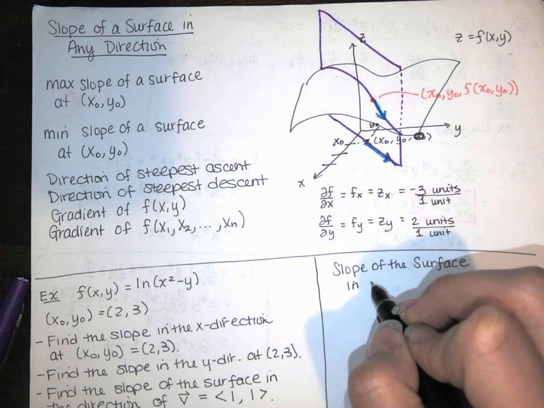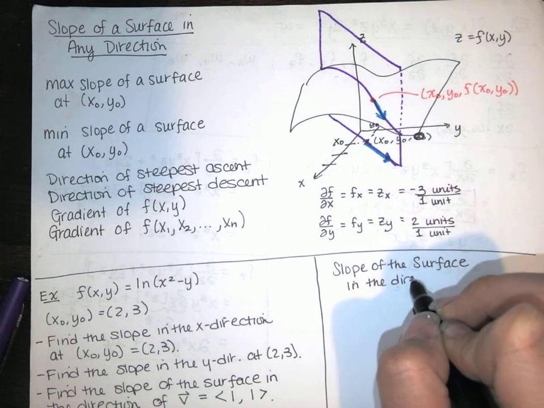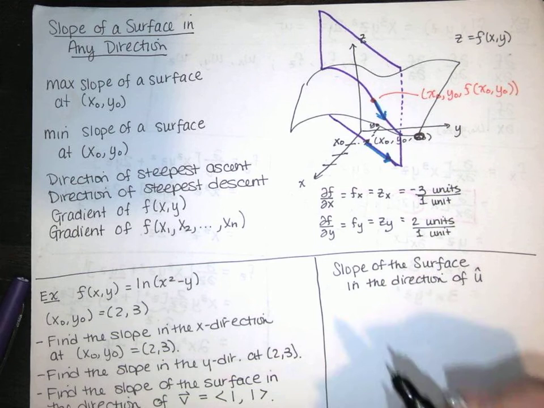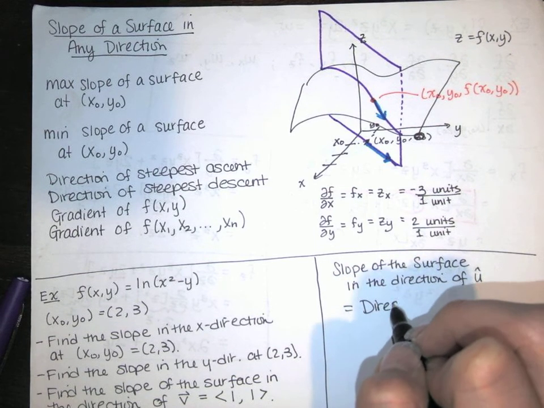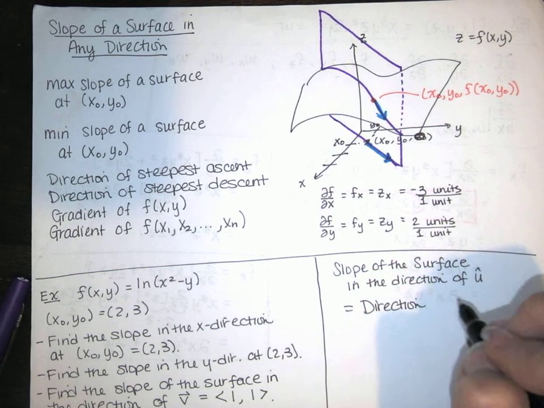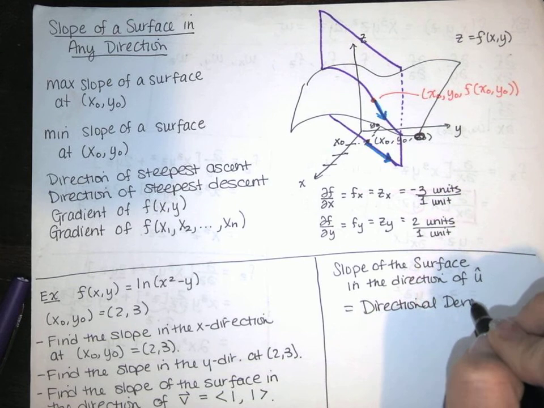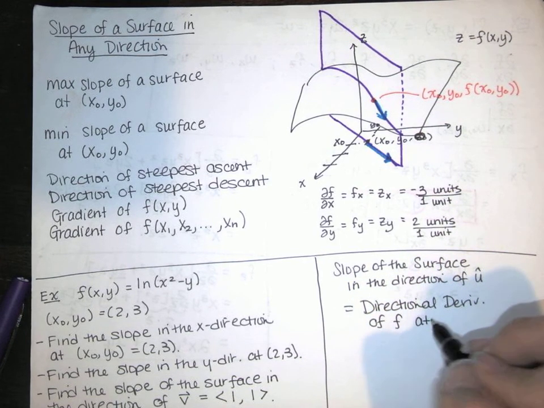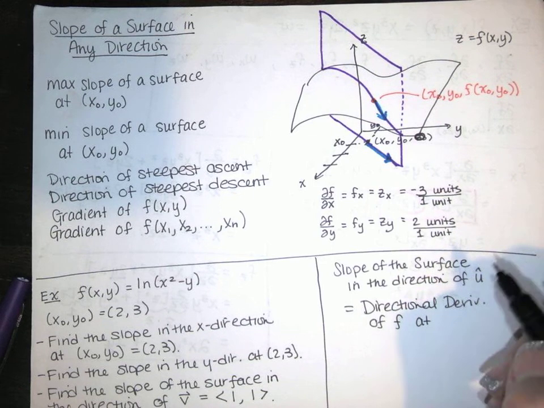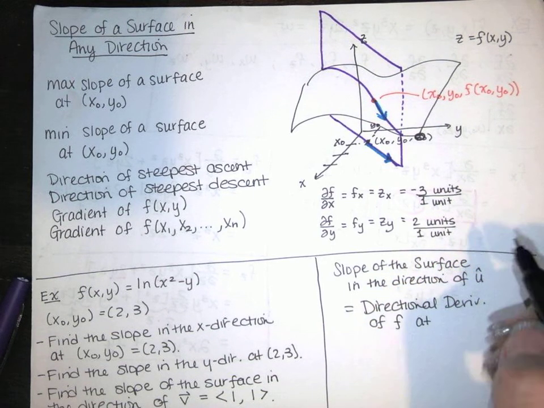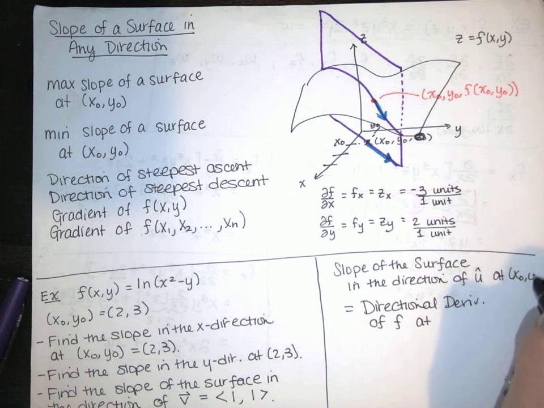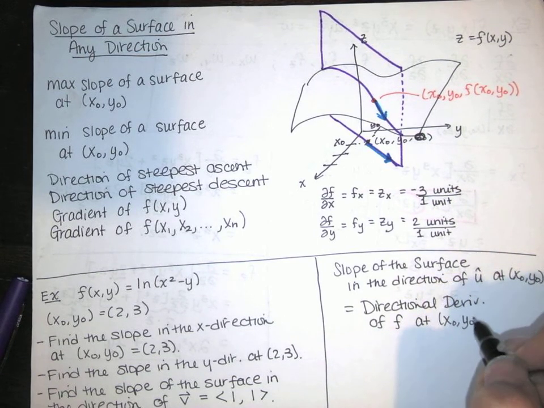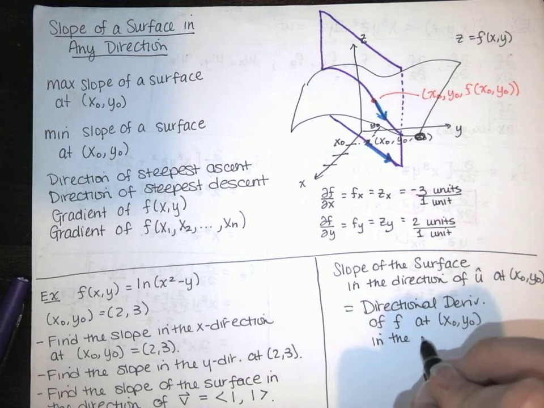The slope of the surface in the direction of the unit vector u hat is called the directional derivative of f. And I guess we need to specify a particular point. We want the slope of the surface in the direction of u hat at x naught y naught. That's the directional derivative of f at x naught y naught in the direction of u hat.